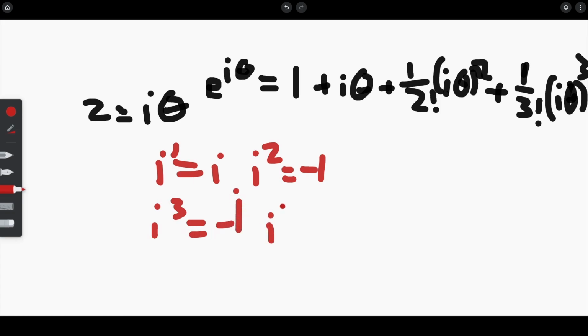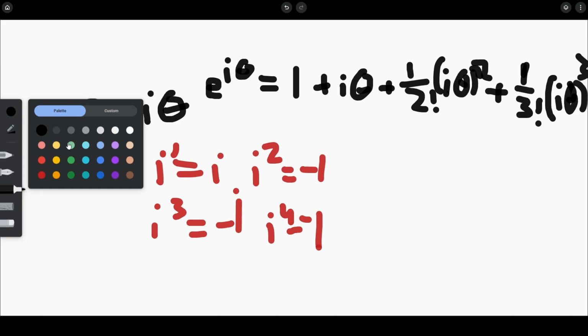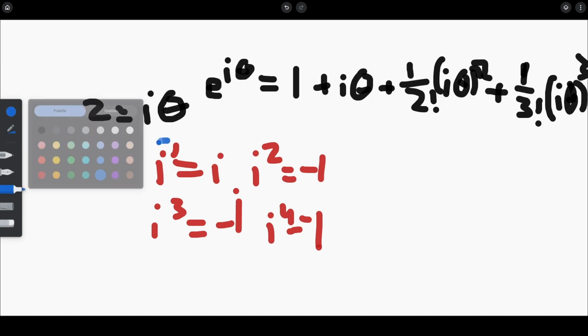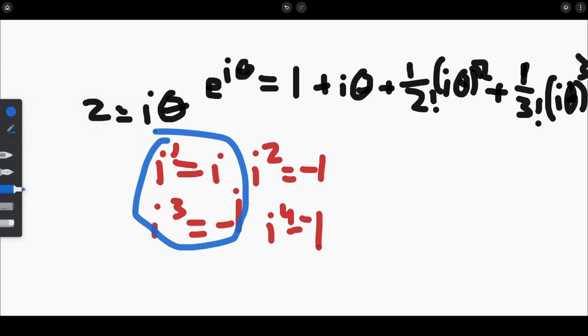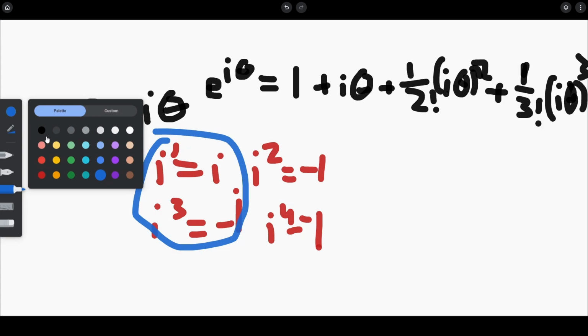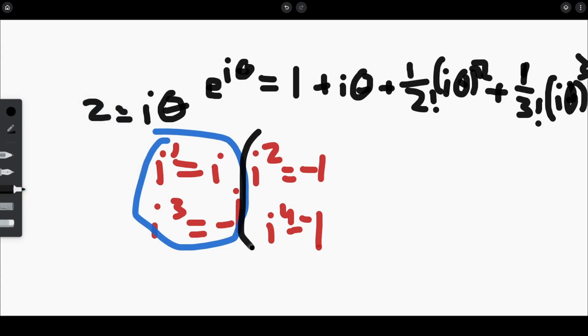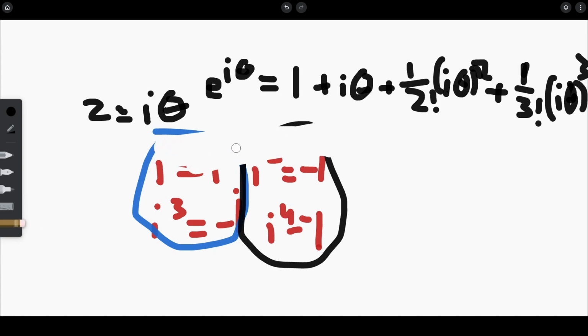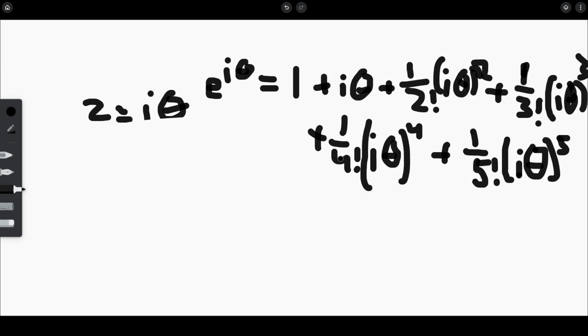And i raised to the fourth is 1. So what's important here is that these two, i to the first and i to the third, still have i in them. And these two, i to the second and i to the fourth, no longer have i. It factors itself out.